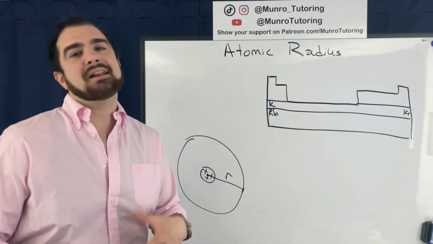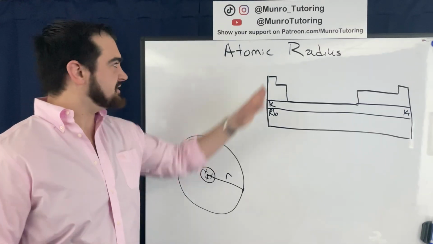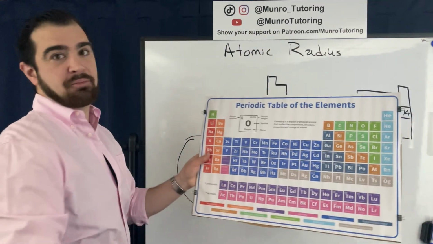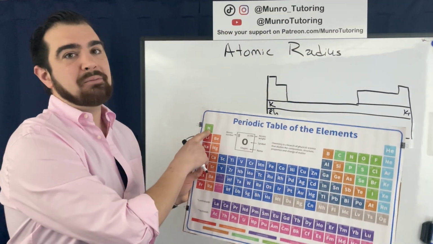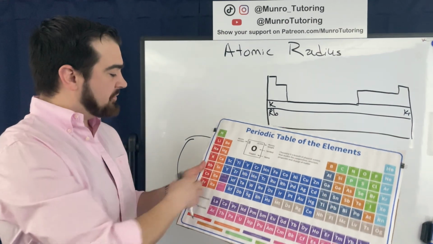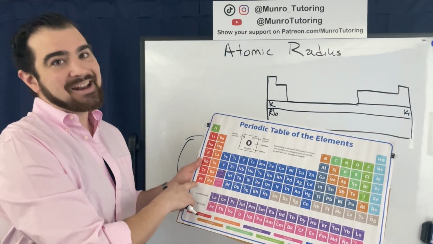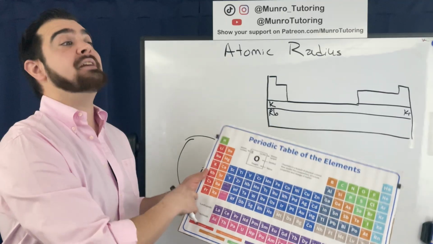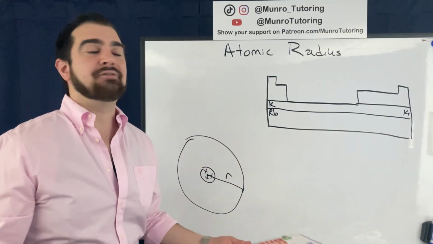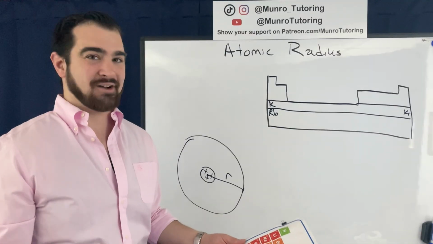And so it's kind of obvious that the atoms are going to get larger as we go down a group, right? So if we look at group one, hydrogen is number one, meaning it has one proton, and if it's neutral, it has one electron, right? And we go all the way down to francium, and that has 87 protons, a bunch of neutrons, and then 87 electrons. And so it just seems very intuitive. You got more stuff, it's going to be bigger, right?